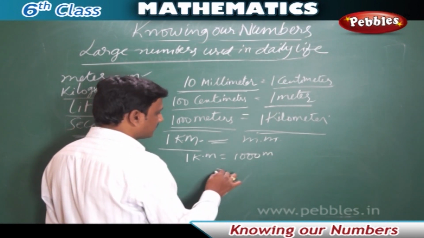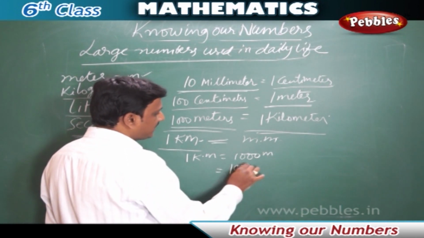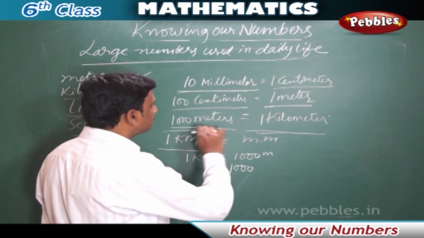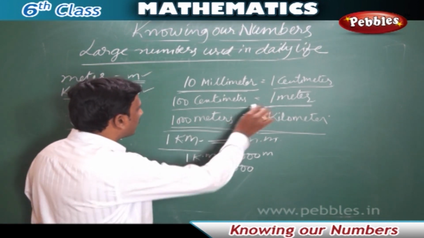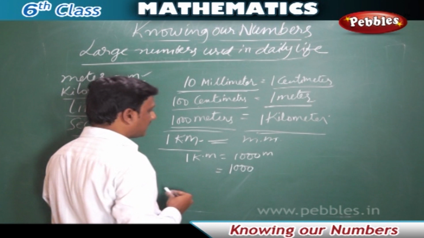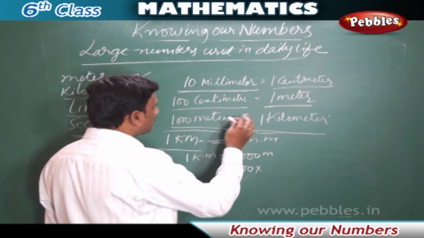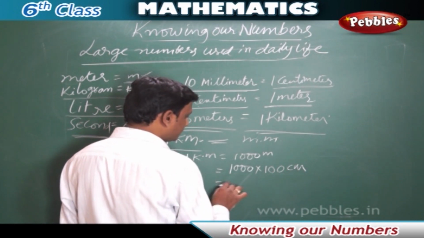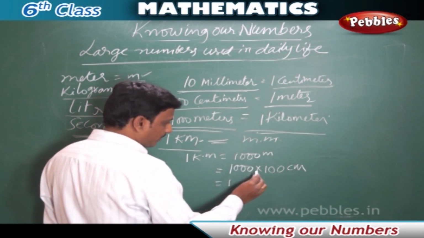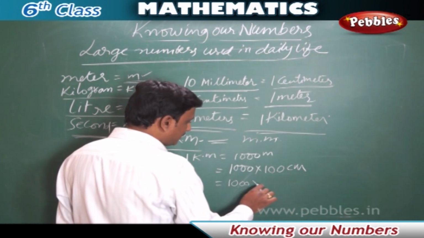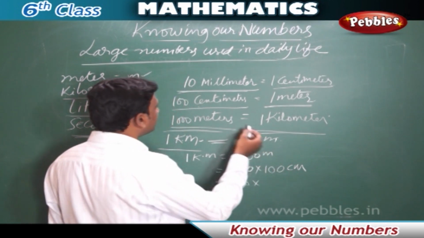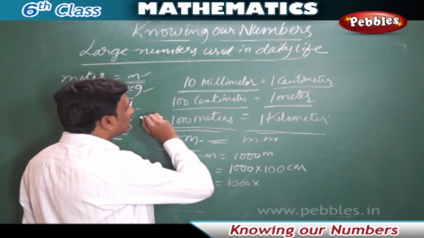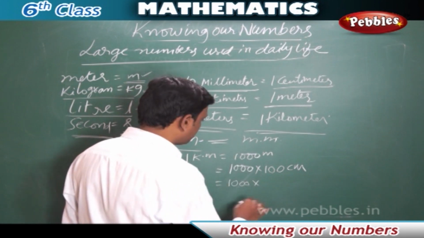So 1000 meters is equal to, here 1 meter is equal to 100 centimeters. So 1000 meters is equal to 1000 into 100 centimeters. Now this 1000 into 100 centimeters, how many millimeters?